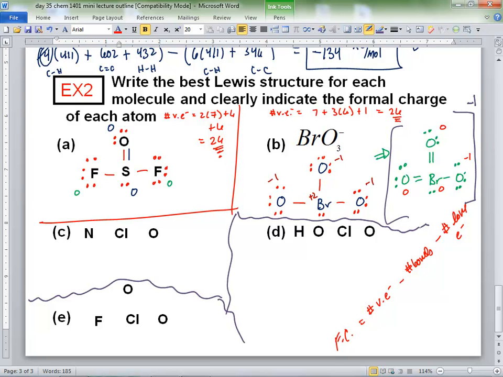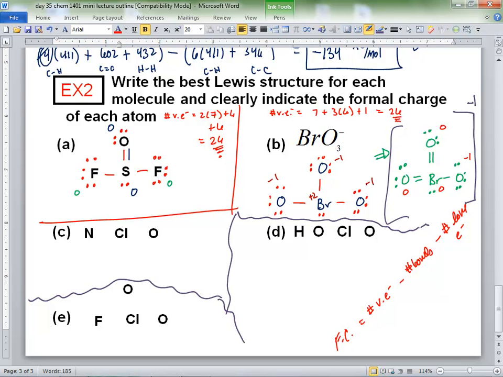For this one, you want to get zeros on everything. Your best answer is zeros on everything and only one -1 formal charge. And that -1 charge should be on the most electronegative element. So what's the most electronegative? O. See, here you have a negative here and a negative here.